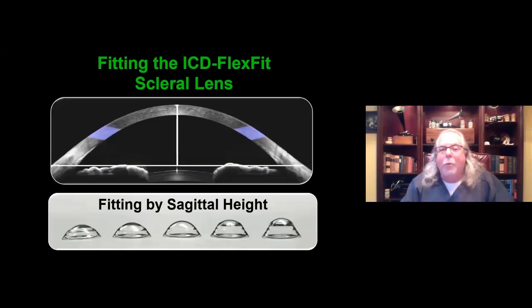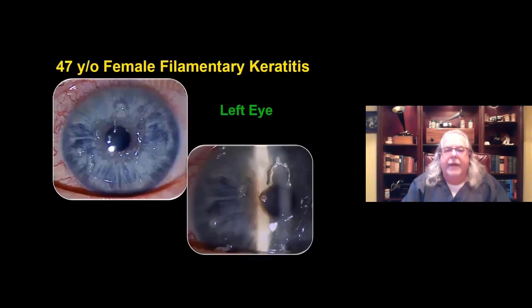By now, we all know that scleral lenses, like the ICD, are fitted by sagittal height. And that is, we're not going to match the curvature of the cornea, but we're going to vault over that portion of the cornea with our scleral contact lens.